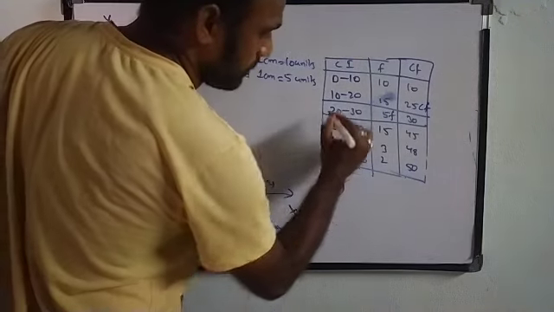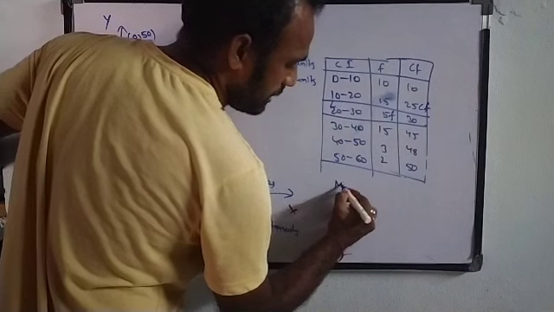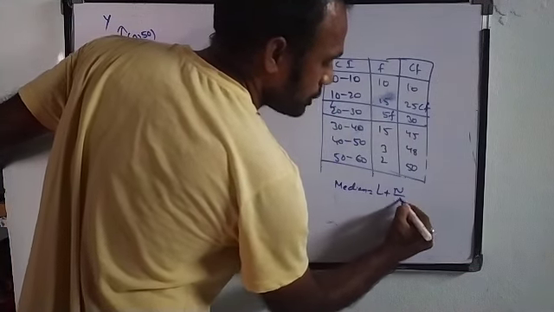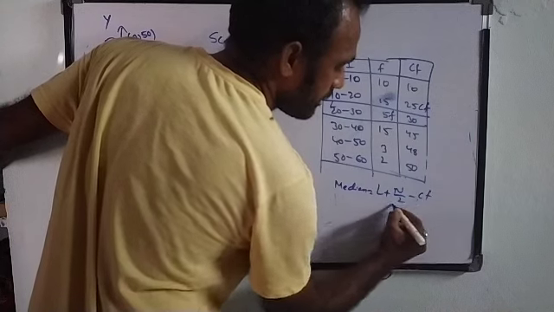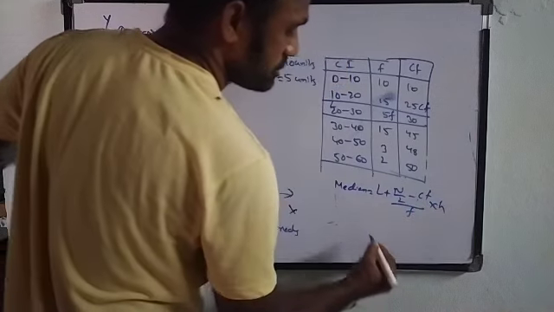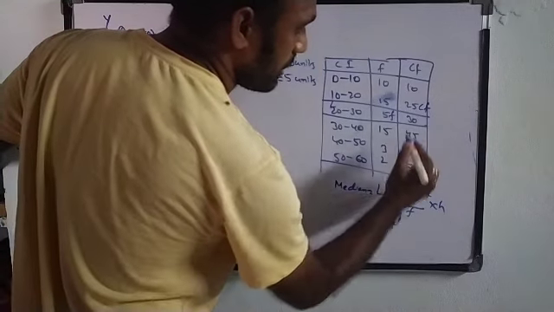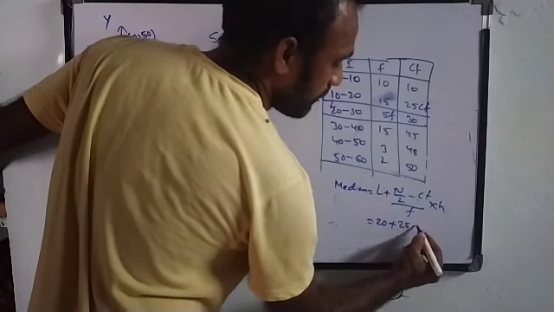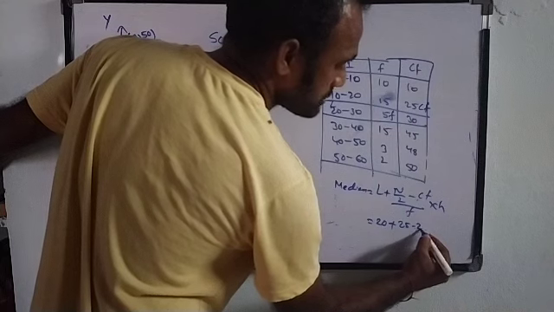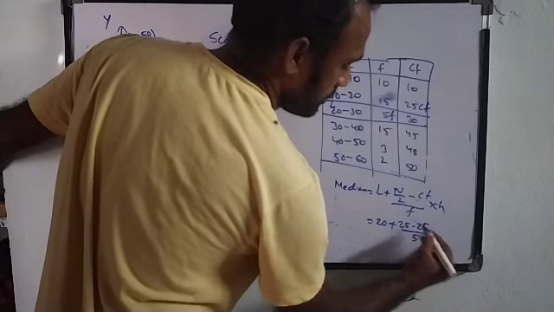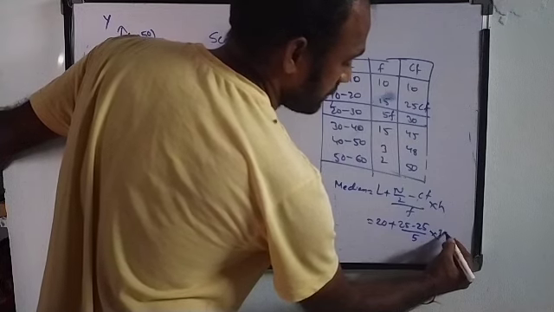Now let us find it by using the formula. Median is equal to L plus n by 2 minus CF by F into H. So the lower boundary is 20, plus n by 2, which is 25, minus cumulative frequency, also 25, by F, which is 5, into H. The length of the class interval is 10.